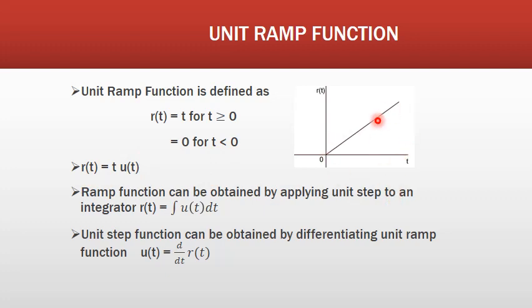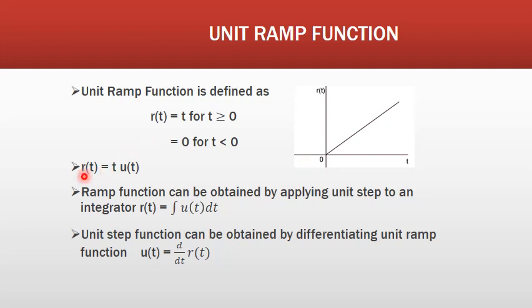It shows that when t is equal to 0, r of t is also 0, and when t is equal to 1, r of t is equal to 1. When t is equal to 2, r of t is equal to 2. So generally it is defined as r of t is equal to t. And for negative values of t, the signal is 0.